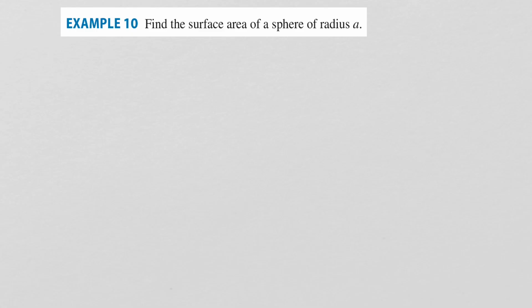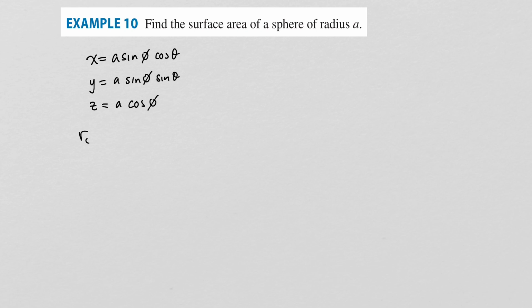So first thing we need to do is come up with a parameterization for a sphere, but we already did that earlier with spherical coordinates. So now we need to get r phi and r theta. And these are going to be formed by taking the partial derivatives with respect to phi and then with respect to theta.